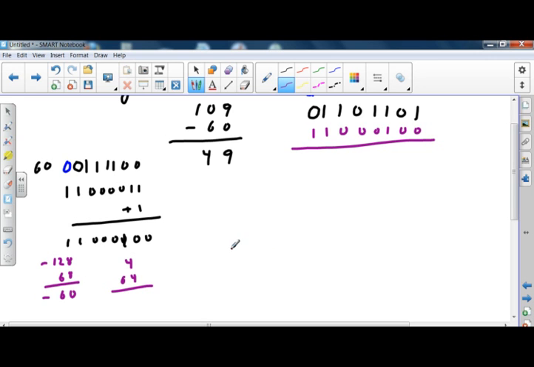Minus 52 in your calculator comes up as 1, 1, 0, 0. And then you add the two's complement, that's how you know it's negative. Or if somebody says this is a two's complement number, then that's how you know.